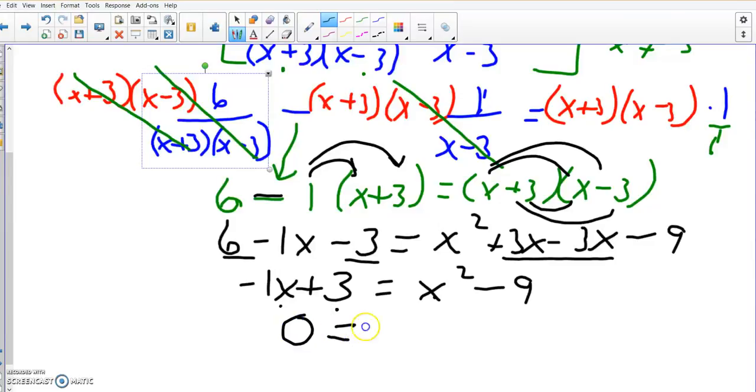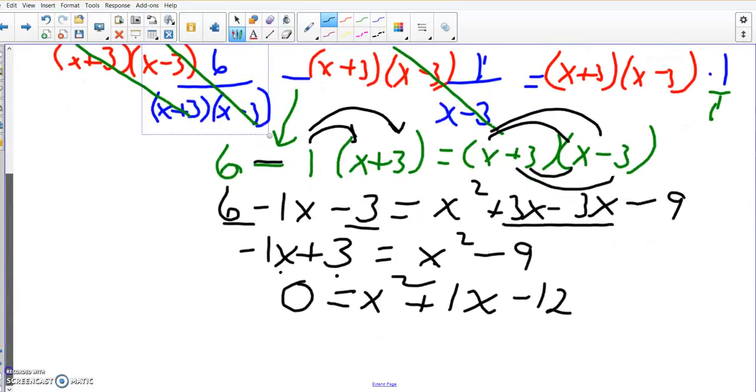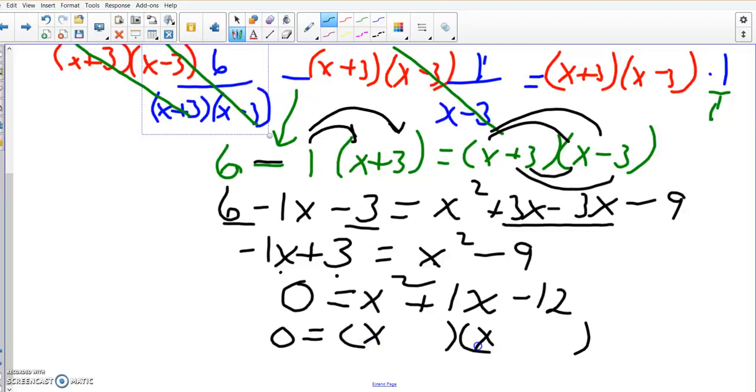We'd have 0 equals x squared plus 1x. Subtract 3 from negative 9, you get negative 12. Because it's equal to 0, I'm going to continue factoring. Are there two numbers that multiply to be negative 12 and combine to be 1? Yes, 4 and 3. A positive 4 and a negative 3. So if I solve that, I'd get x equals negative 4 and x equals 3.